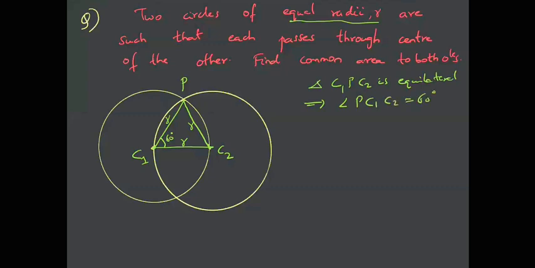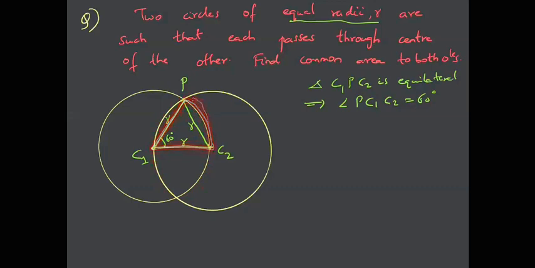Okay. So we want to find the entire area. By symmetry, you can see that this is half of the area, right? Because this and this lower portion would be equal. So let us just try to find this one and then we'll double it. So how will you find the area of this one? We have already learned how to find the area of sector PC1C2, right?